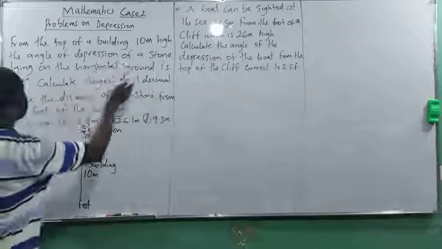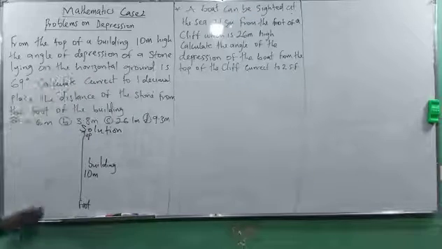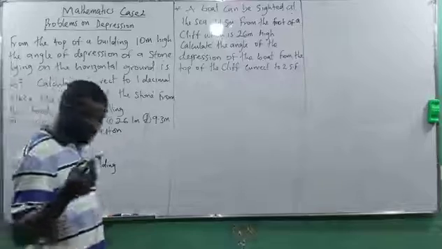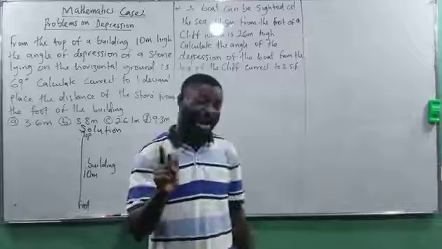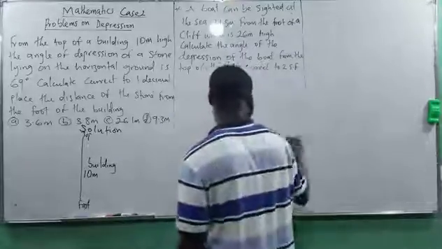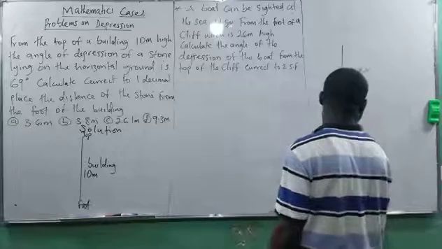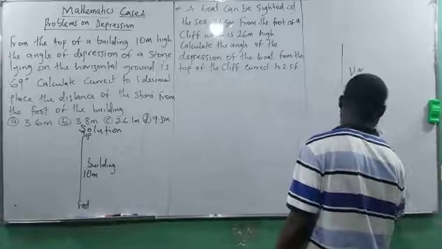of a stone lying on the horizontal. This is called horizontal. Please, at this junction, you have to understand what is called horizontal and vertical. The application is very important. Mind you, this is going to be vertical, and this is going to be horizontal. Please take note of those two things.